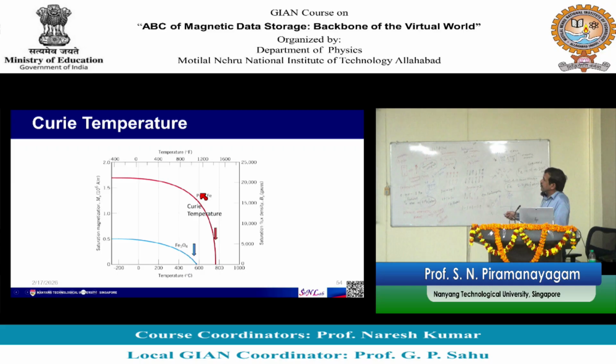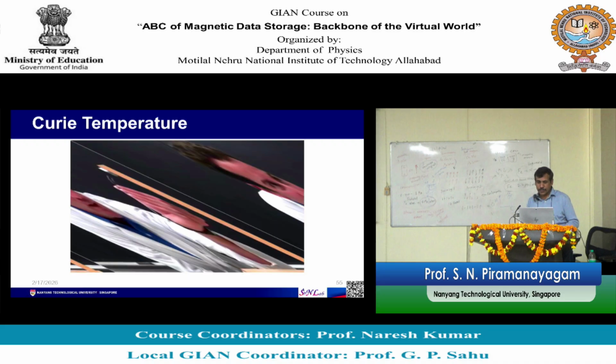For example, if you take iron, it has a Curie temperature of around 780, and iron oxide has a Curie temperature of around 560, and so on. Okay. So, different materials have different Curie temperature, and above Curie temperature they will lose their magnetic properties. They will become paramagnetic.